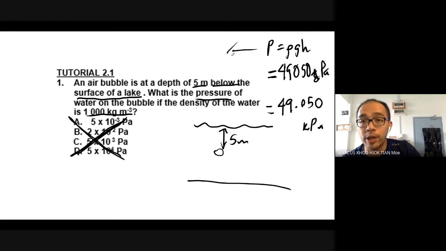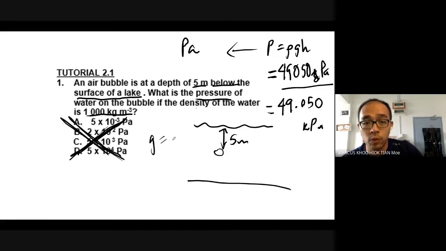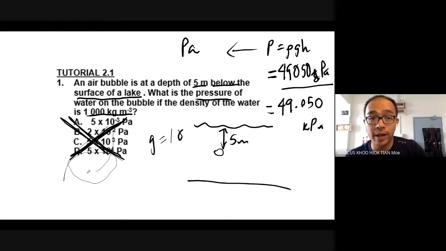The unit for pressure is pascal, so 49,050 pascal. That's why I say don't look at this answer, because they use g equals 10, which was the old value. But your batch now all use 9.81. That's why you won't be able to find the answer in here. Alright, next question.